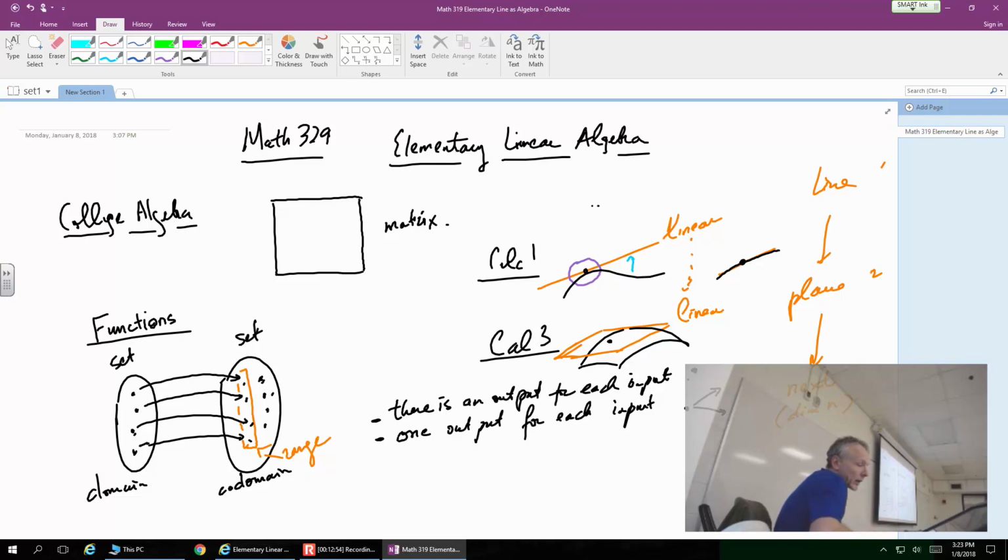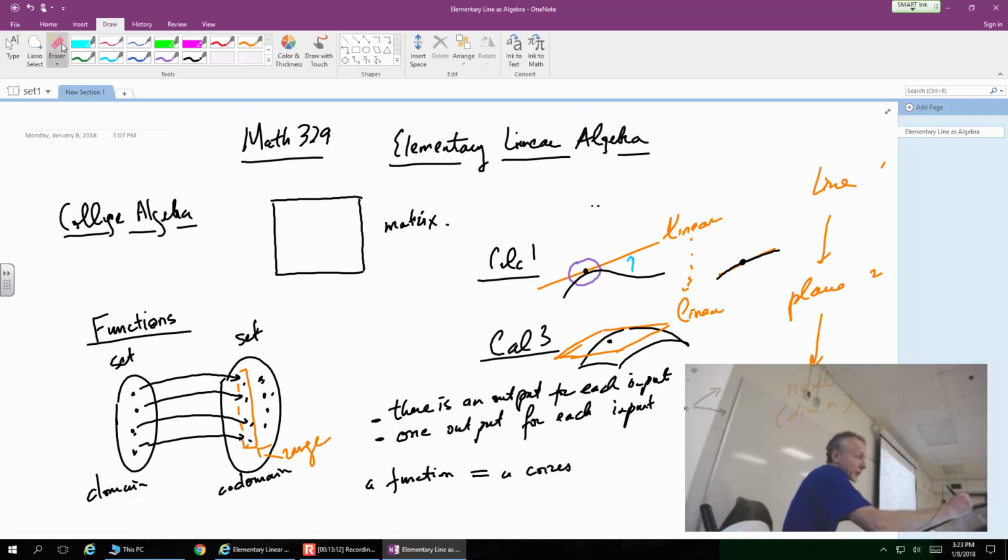The view on functions is in fact more advanced, and that is once again that the function is an abbreviation for correspondence.